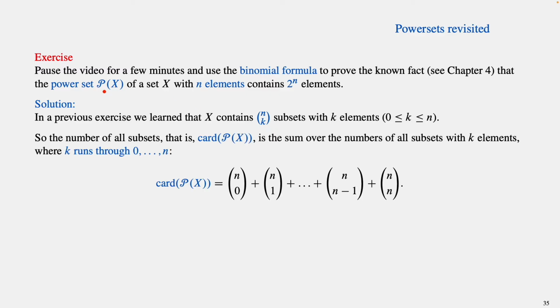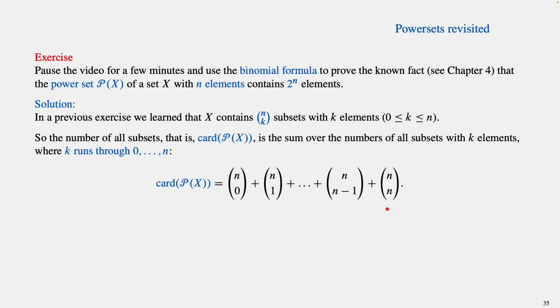So the power set contains all the subsets of X, and every subset of X, of course, contains between 0 and n elements. So the number of all subsets of X, or the elements in the power set of X, is the sum over all subsets with 0 elements plus all subsets with 1 element plus the number of subsets with 2 elements, and so on.